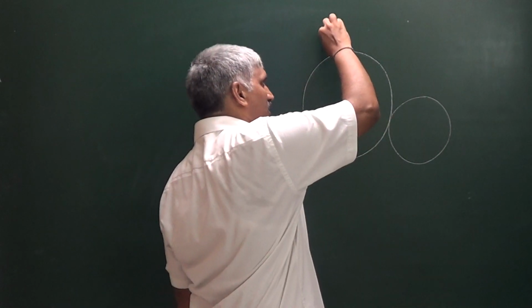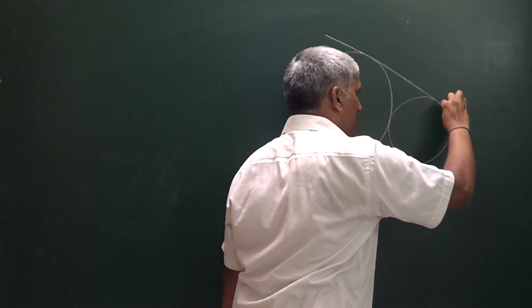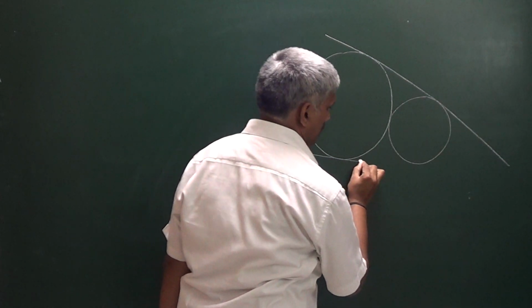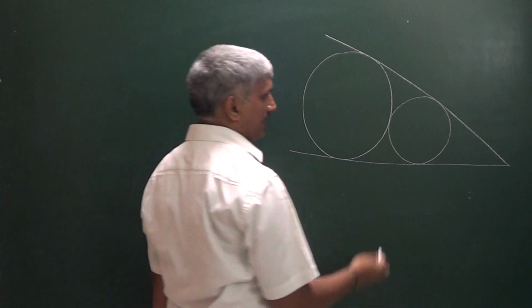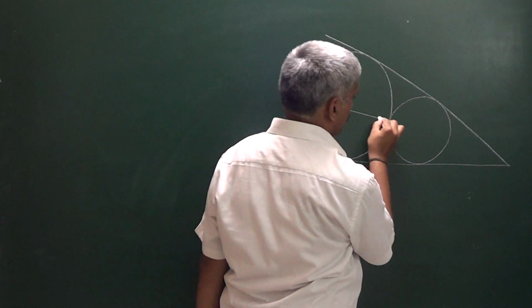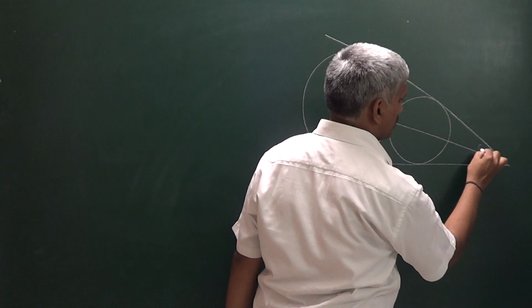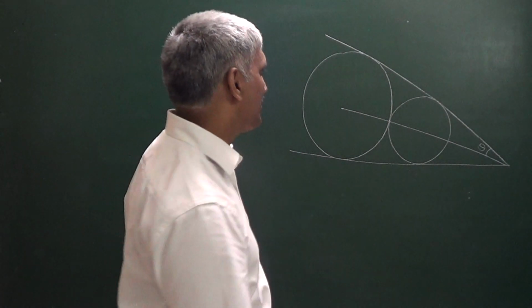Nothing difficult here. This is one common tangent. Now this is the other common tangent. He is asking for the angle between these two common tangents. This angle we call theta, and he is asking for 2 theta, the angle between the direct common tangents.